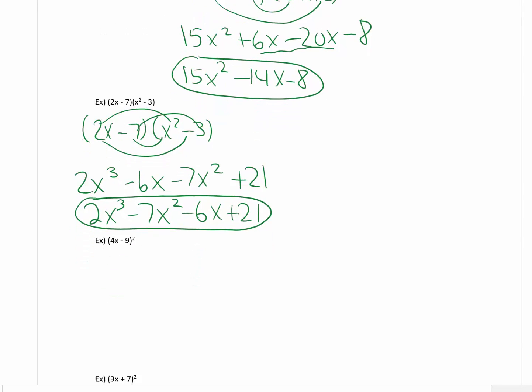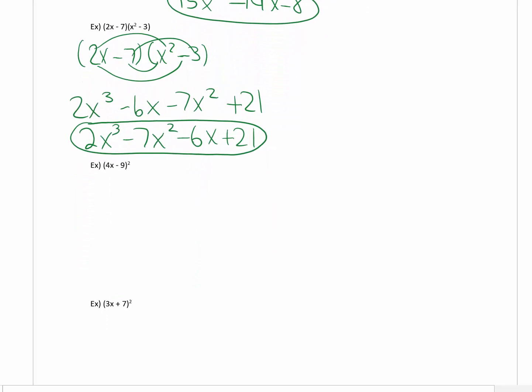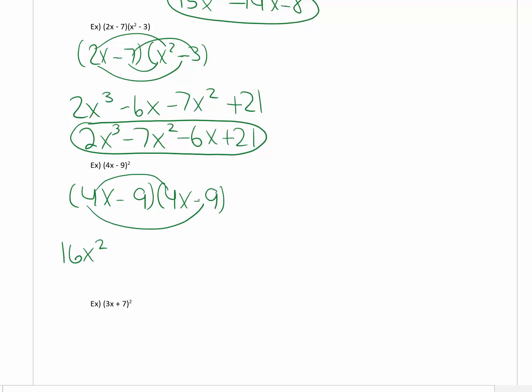Okay, let's take a look at the next example. So 4x minus 9 squared is exactly the same thing as 4x minus 9 times 4x minus 9. Now that I've expanded it out, I can again use the FOIL method. Combine like terms.